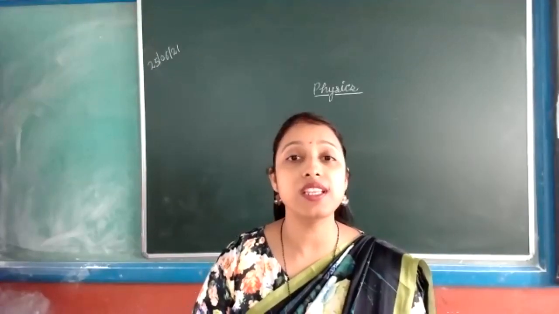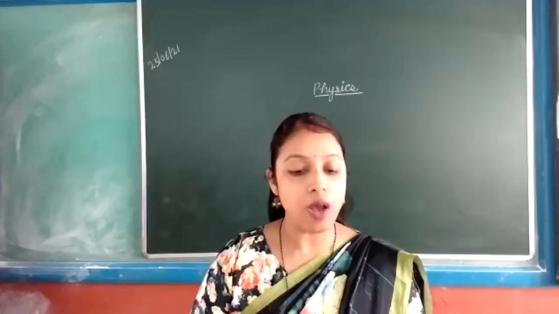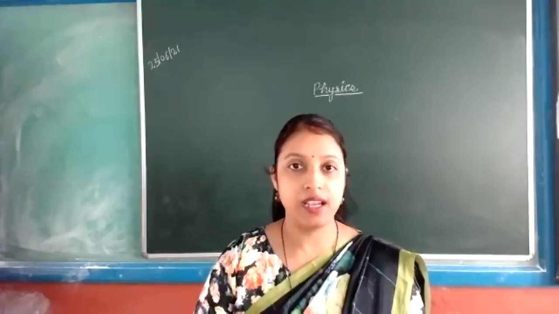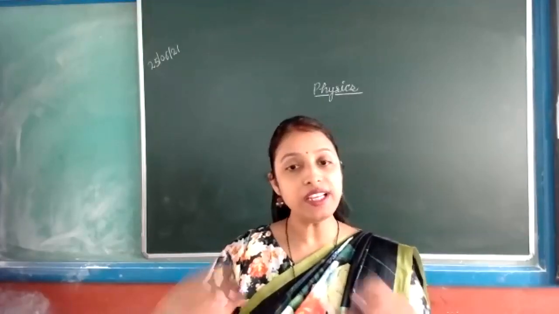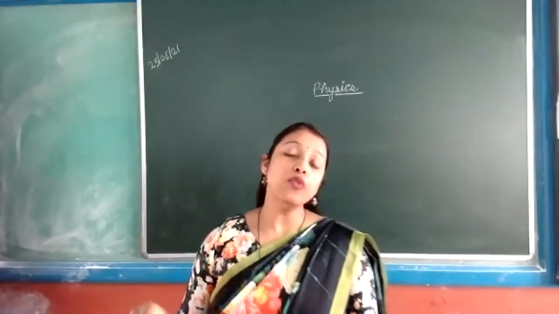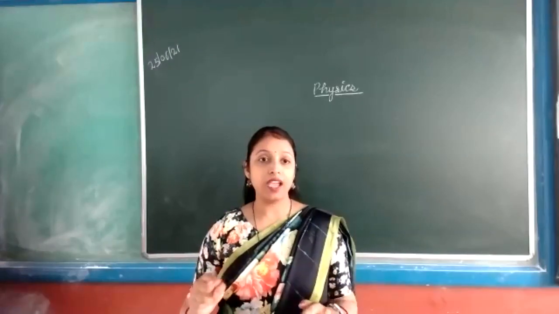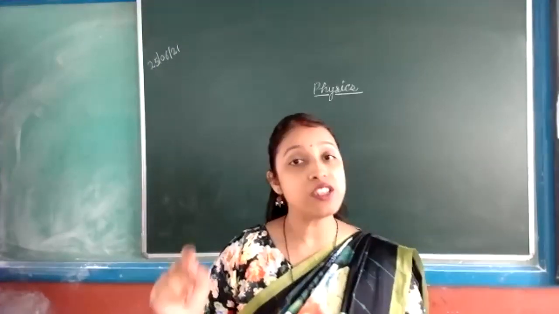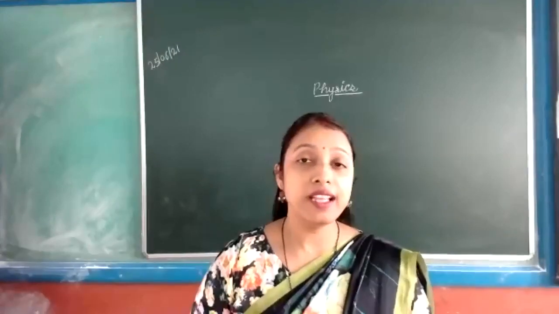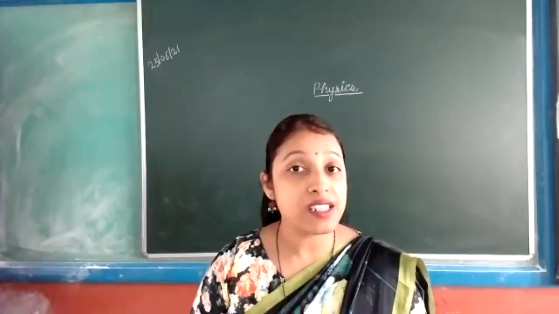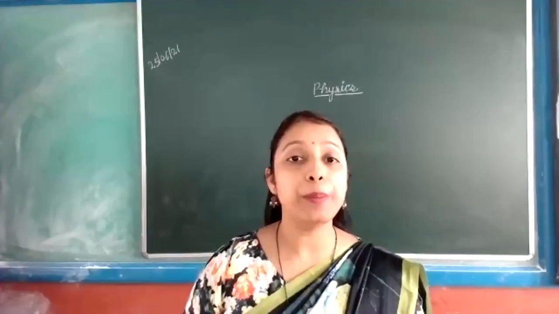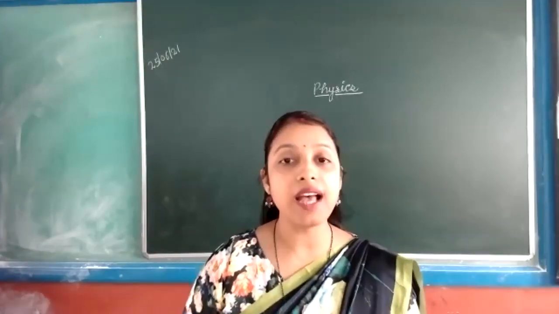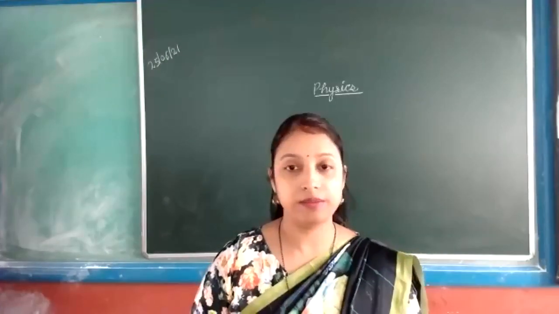The fourth question is given: which form of energy is possessed by a stretched spring? If you stretch a spring, you do work on it, and the work done will be stored in the spring in the form of elastic potential energy. So the answer will be B, elastic potential.